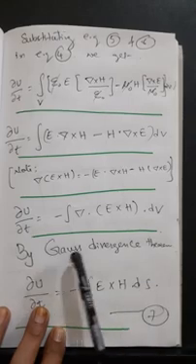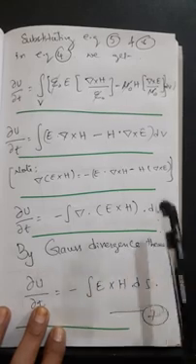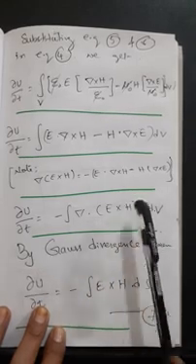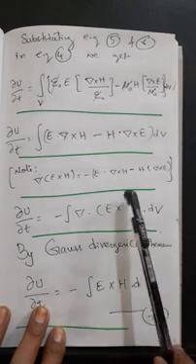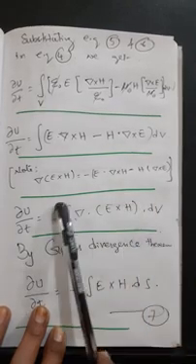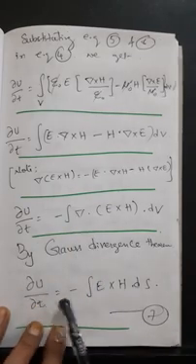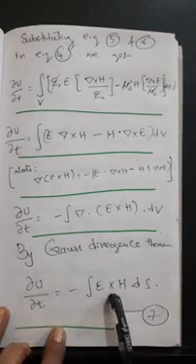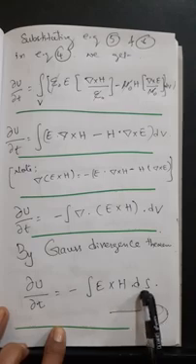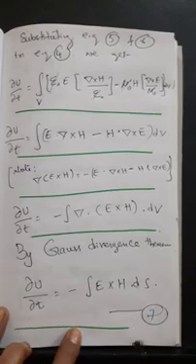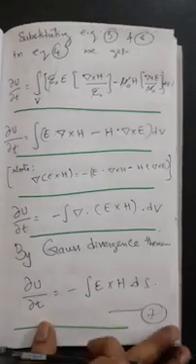So ∂U/∂t is equal to minus of integration of E cross H dot dS. Let us take this as equation number 7.